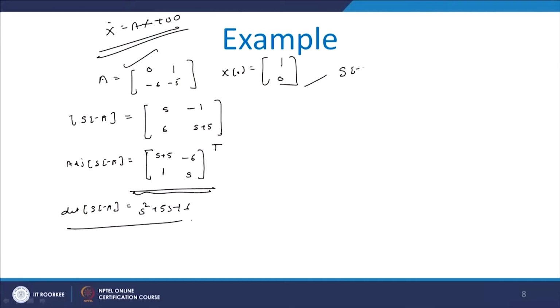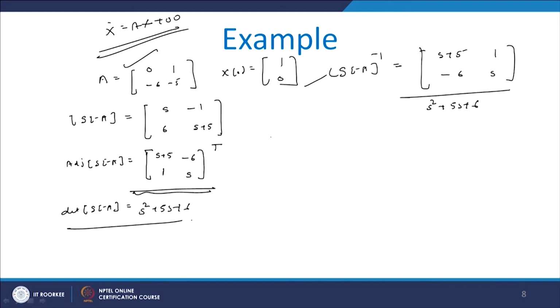Therefore, this SI minus A inverse equals S plus 5, 1, minus 6, S, divided by the determinant S square plus 5s plus 6.